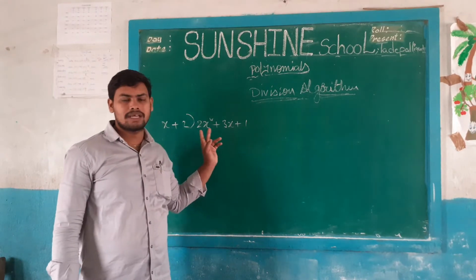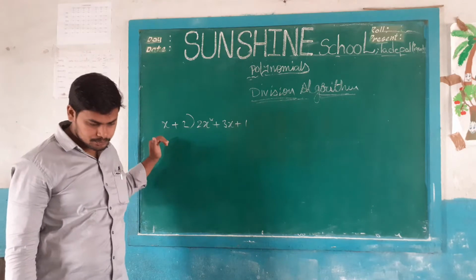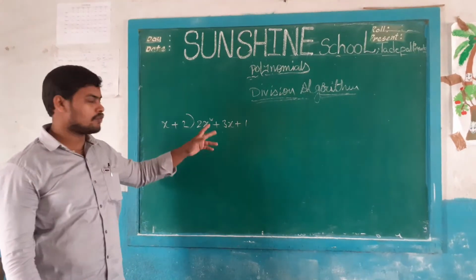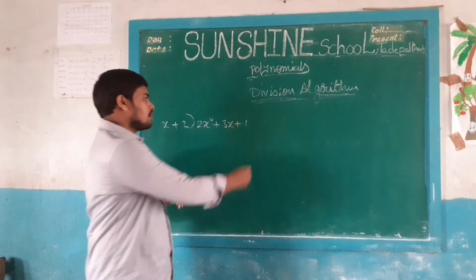Divide 2x square plus 3x plus 1 by x plus 2.